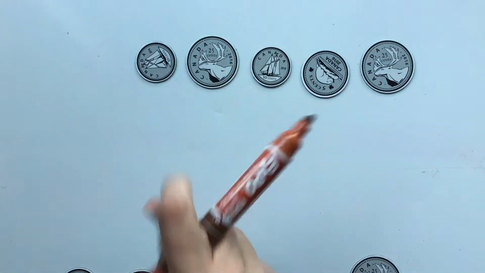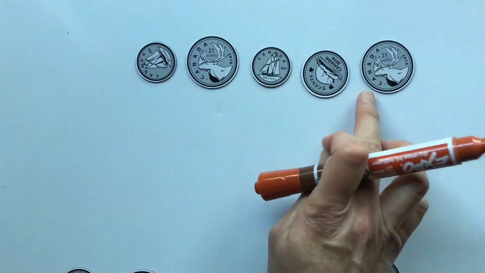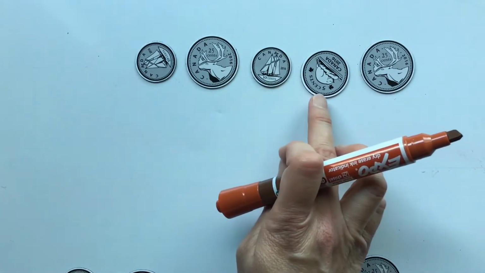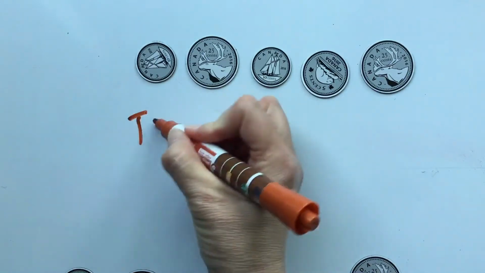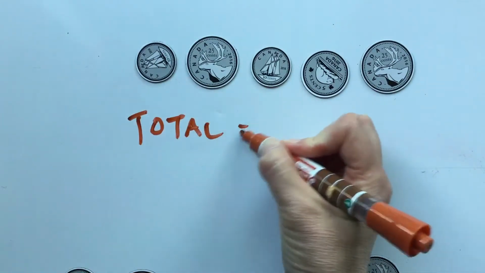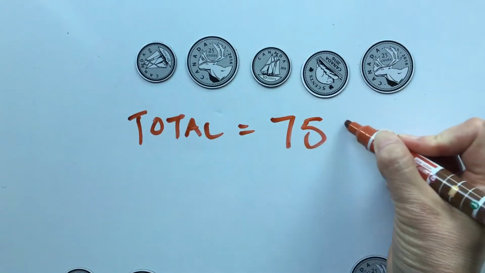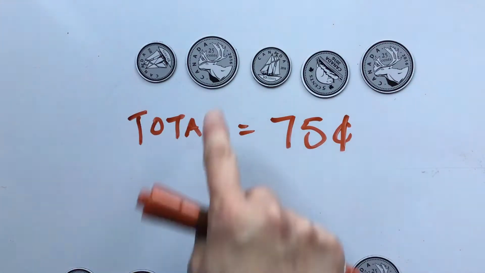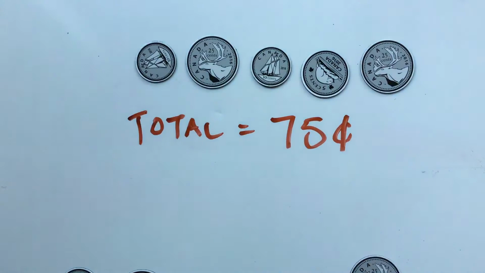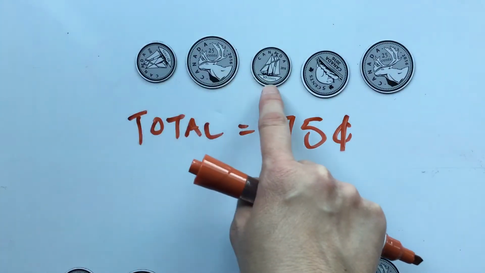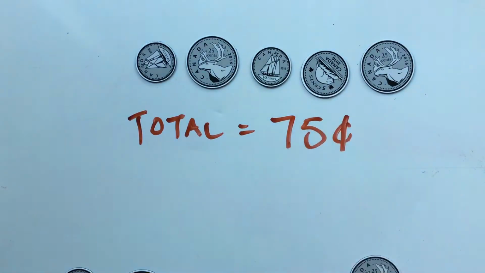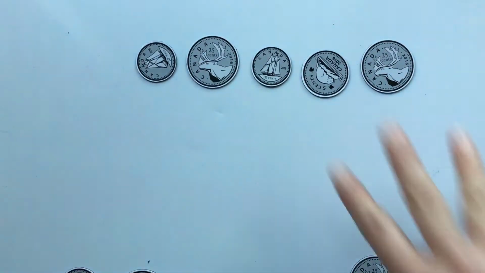What do I need to count by? By 10. So I'm starting at 50, 60, 75. My total is 75 cents. I was able to do that in my head because I knew that I had to find the largest value coins first, count by that number, go to the next value coin, count by that number, and then finally go to my lowest value coin and count by that number.